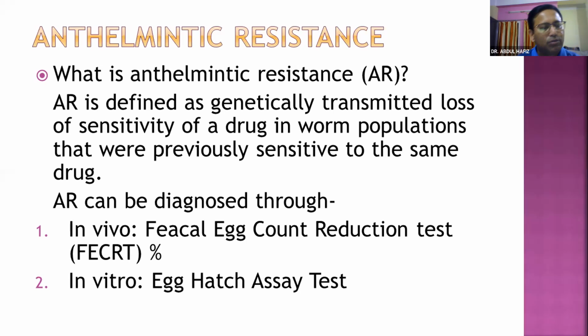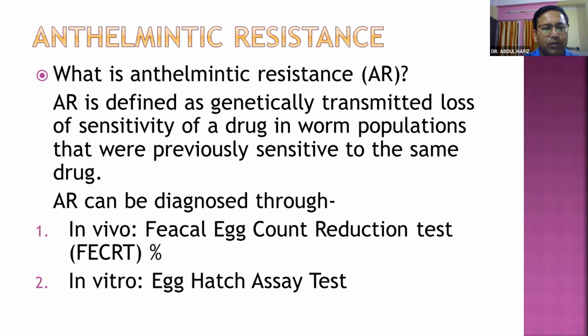Nowadays, it is not working because we are frequently using the drugs. So injudicious use of anthelmintics, underdosing, and overdosing are the factors in developing anthelmintic resistance. So, we should stop the spread of anthelmintic resistance also.